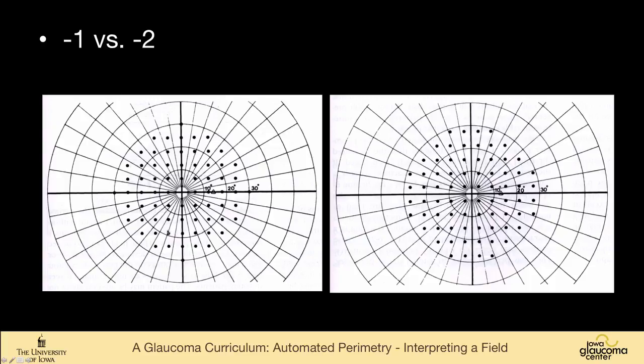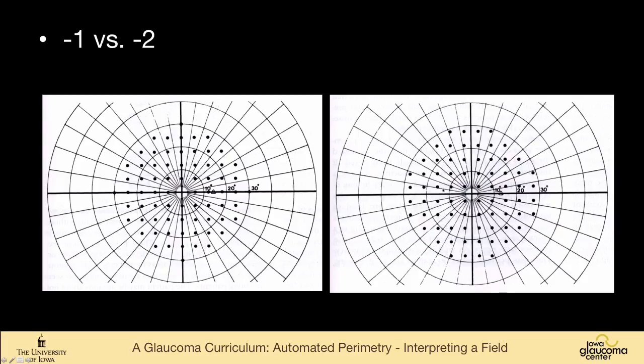The problem with that is that if you had a neurologic defect or a glaucomatous defect, these points may or may not be affected because it's right on the area of interest. And so the -2 strategy moves the points 3 degrees above and below, left and right of the meridians, and so we're not testing right along the horizontal, we're testing right above it or right below it.